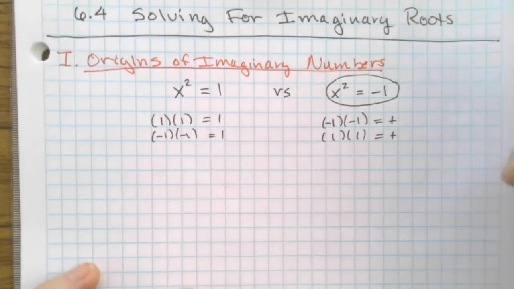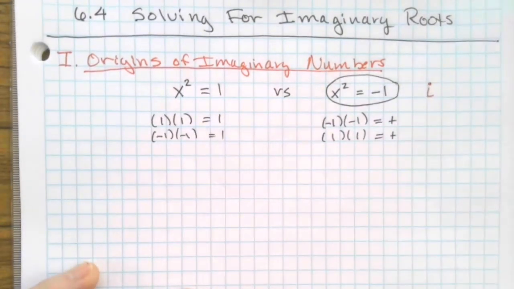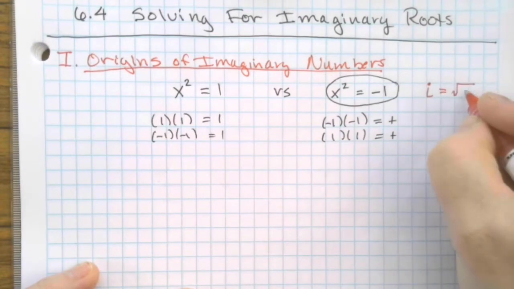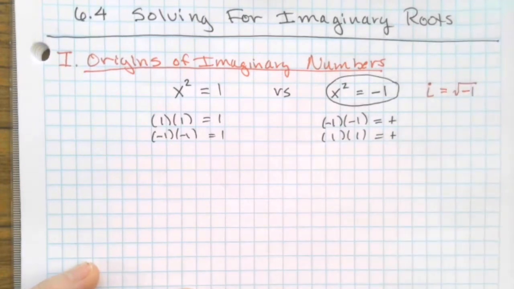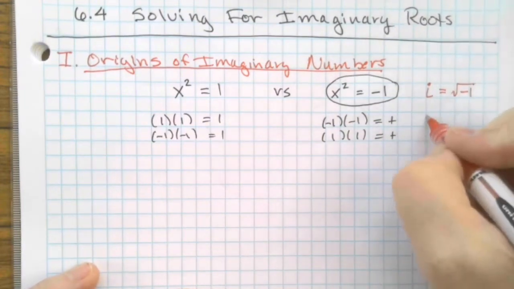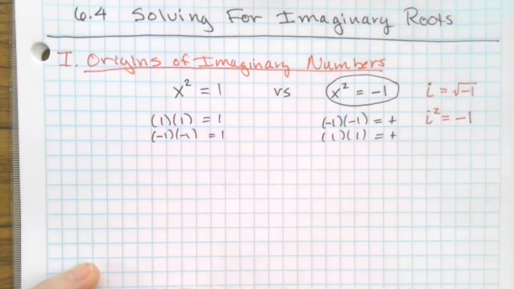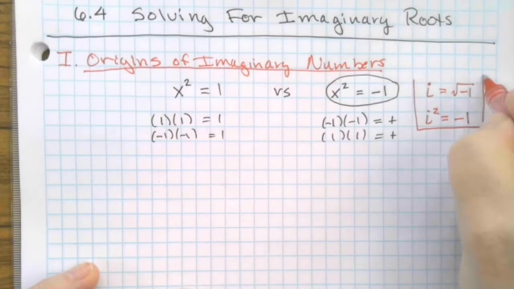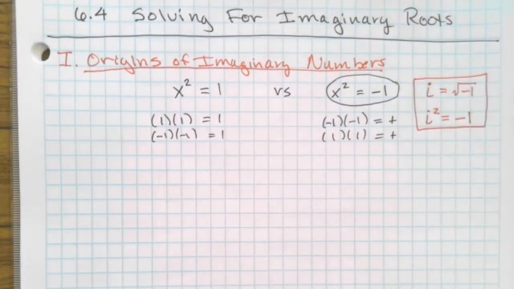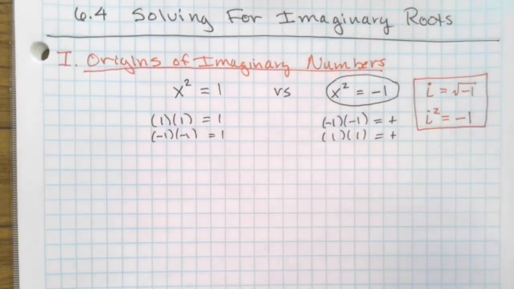They said, let's say italicized i is actually equal to the square root of negative 1. If that was the case, then i squared would be negative 1. Now you might ask, well, why in the world did they invent an imaginary unit if it doesn't really exist? It's not measurable.